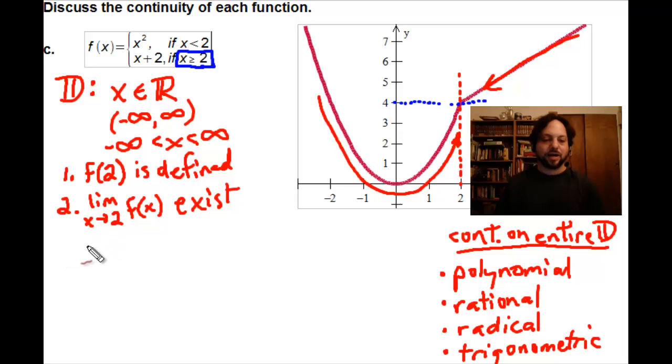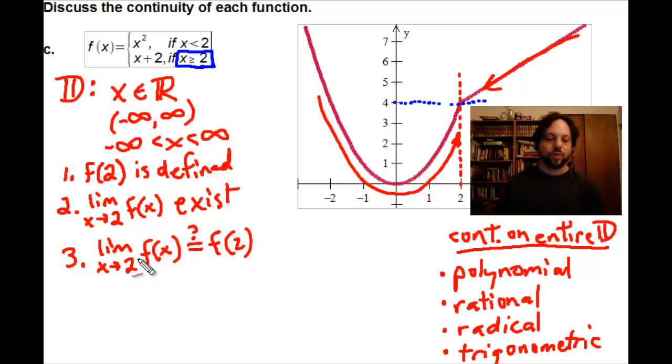Alright, and finally, is the limit as x approaches 2 of f of x equal to f of 2 itself? Well, here we run into a sticky situation. We've already said that the limit from the left or the right exists, and I'll add it equals 4. So this limit part, we can write 4.